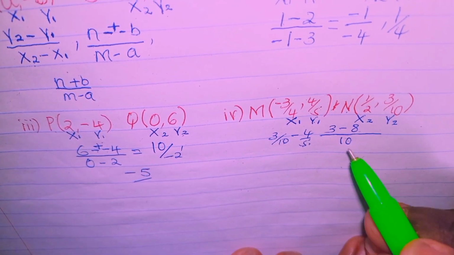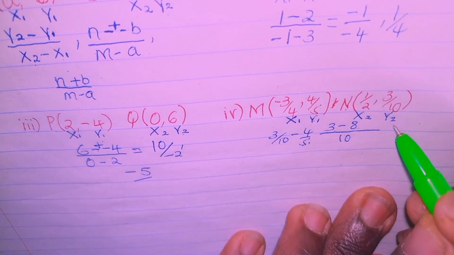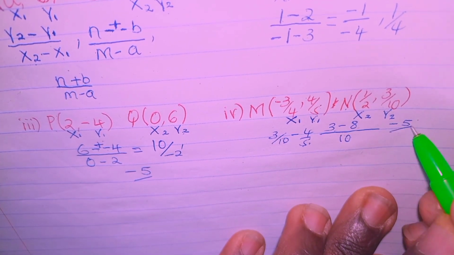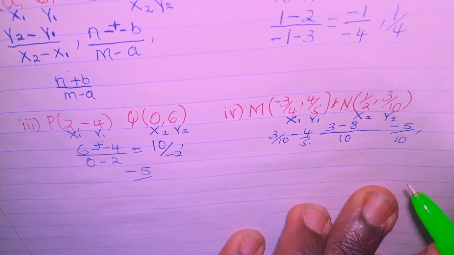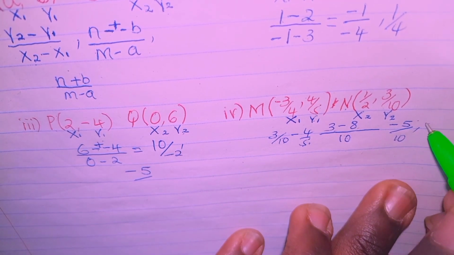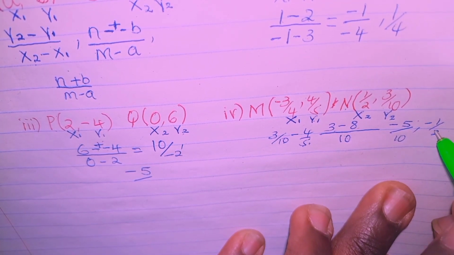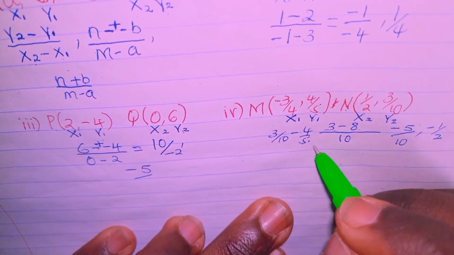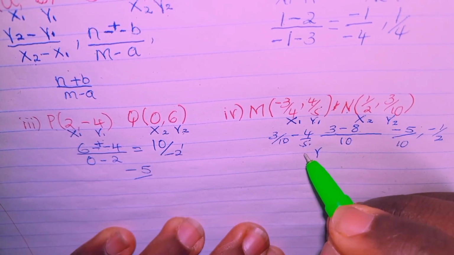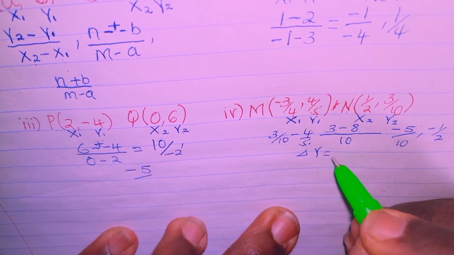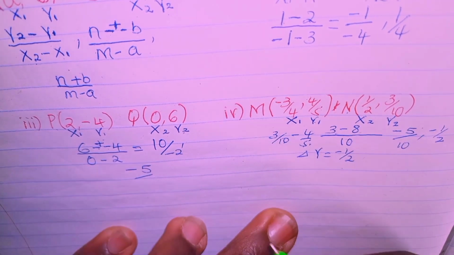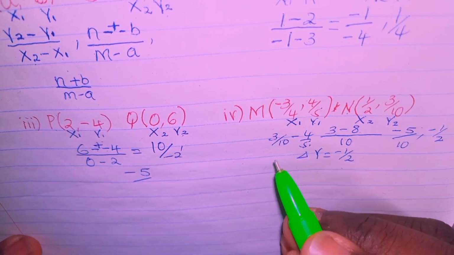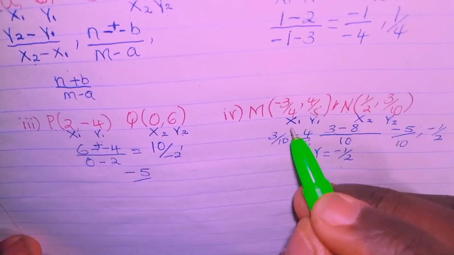So 3 minus 8 is negative 5, divided by 10. Simplifying further, it will be negative 1 over 2. So the y coordinate change is negative 1 over 2. Now let's calculate x2 minus x1.